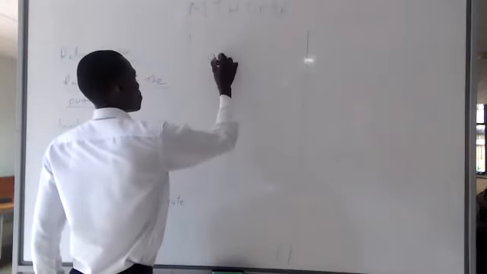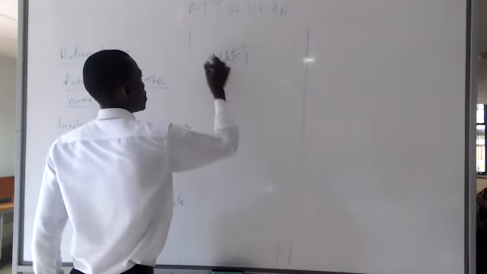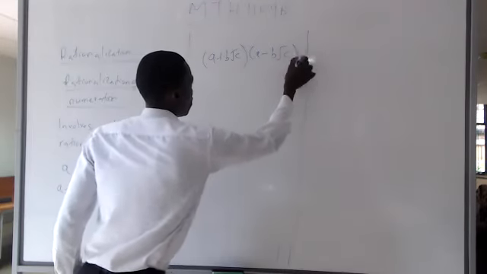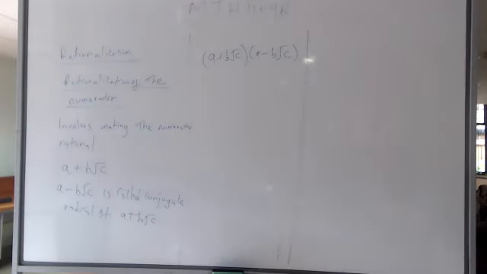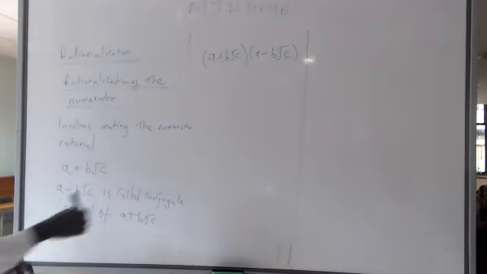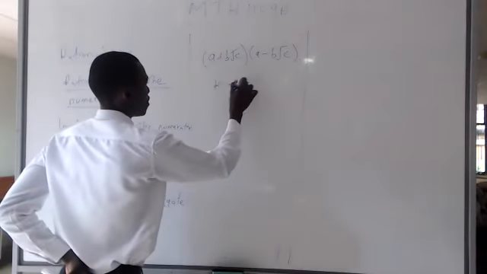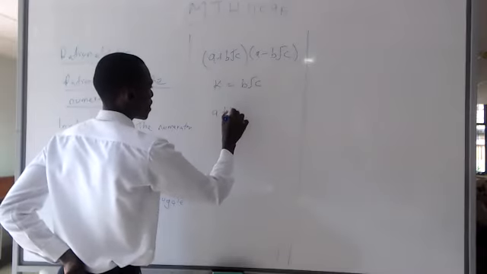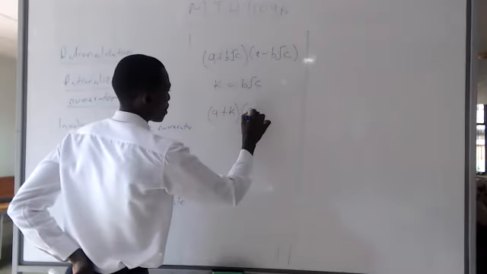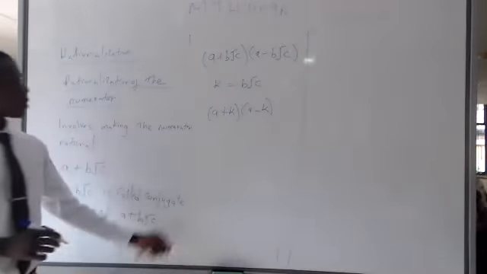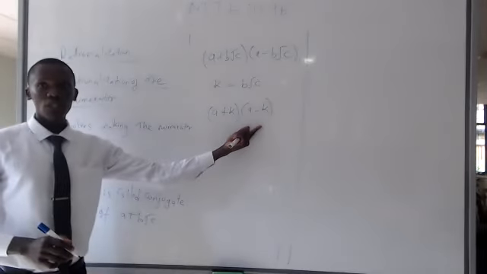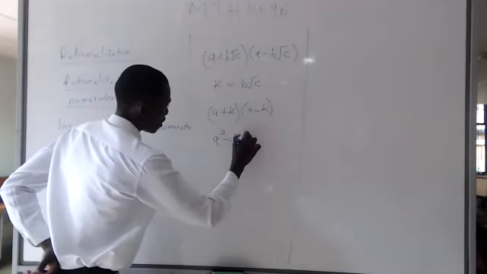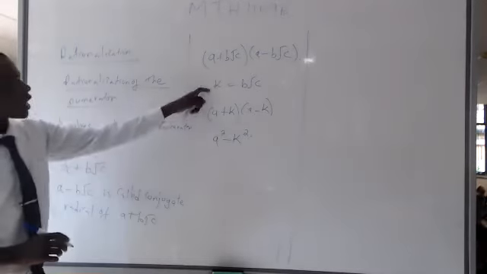So for example, you want to multiply a plus b root c by a minus b root c. We had done difference of squares last time. So for example, call k equal to b root c, then this becomes a plus k times a minus k. So this is a product of a sum and a difference, which becomes a difference of squares. You will have a squared minus k squared. But k is b root c.